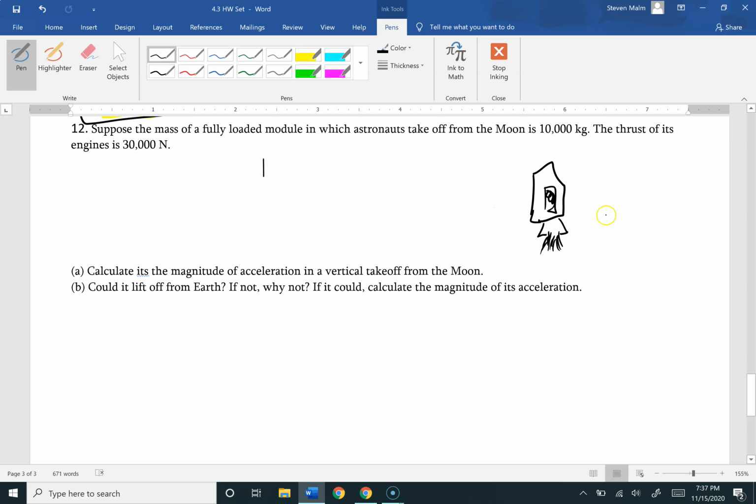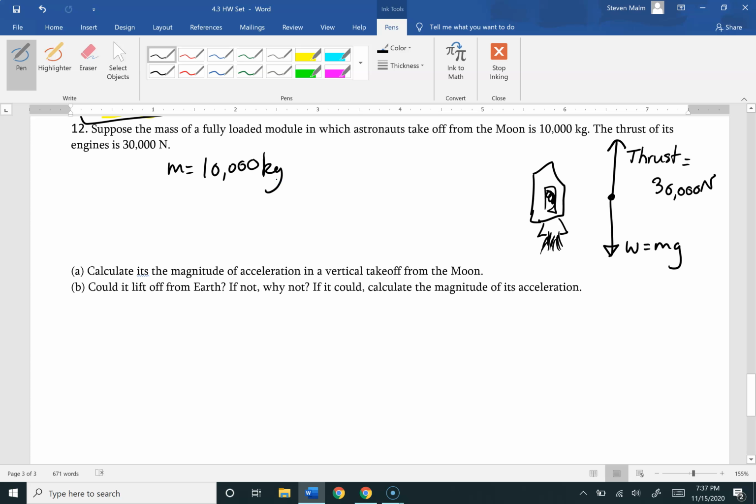So in other words, if gravity pulls us downward, remember we call that weight, then the amount of what we would call a thrust force must point opposite of that gravitational force. And in this case, it says it's 3,000 newtons. You're also told that the mass is 10,000 kilograms.